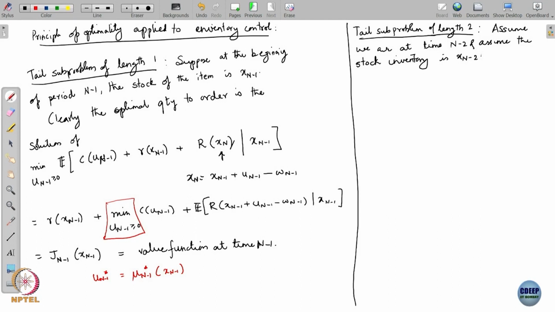Now what should the inventory manager do at time instant n minus 2? Whatever decision he takes will incur a cost for that particular period.